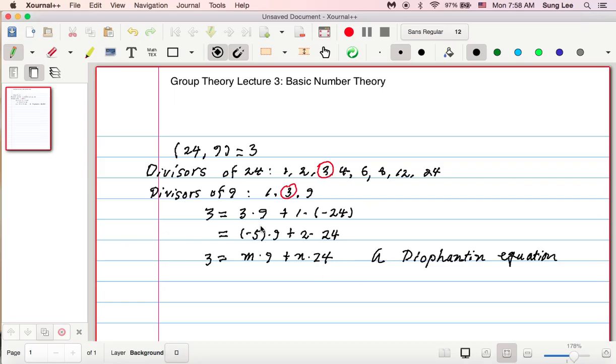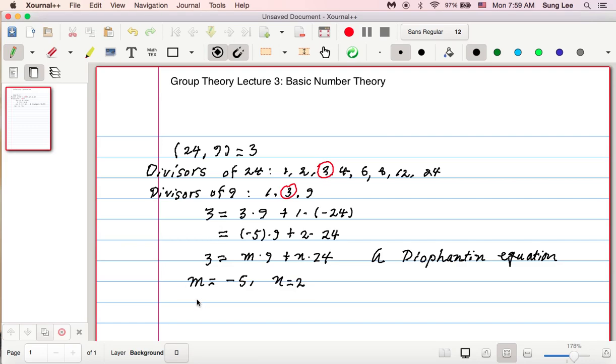And also, as you can see, we found two solutions for m and n. One is m equals negative 5, n equals 2.